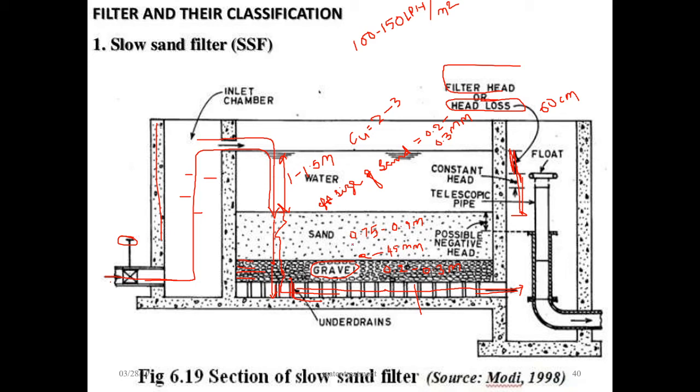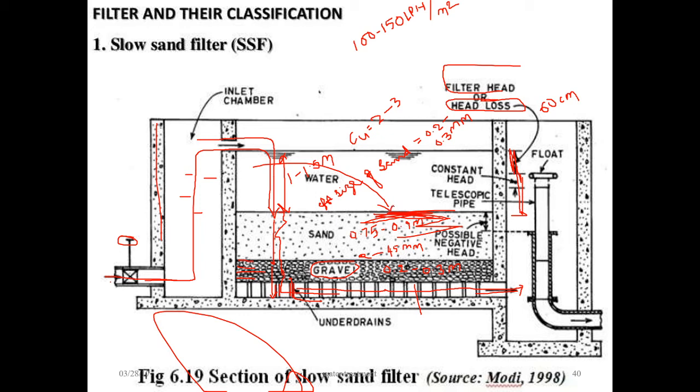The filter is then put out of service and about 20 to 30 mm sand at the top is scraped off. If the head loss becomes more, you have to remove this sand, 20 to 30 mm depth. Then fresh sand is added to maintain the required depth of the sand layer. You have to add some fresh sand on the previous sand.